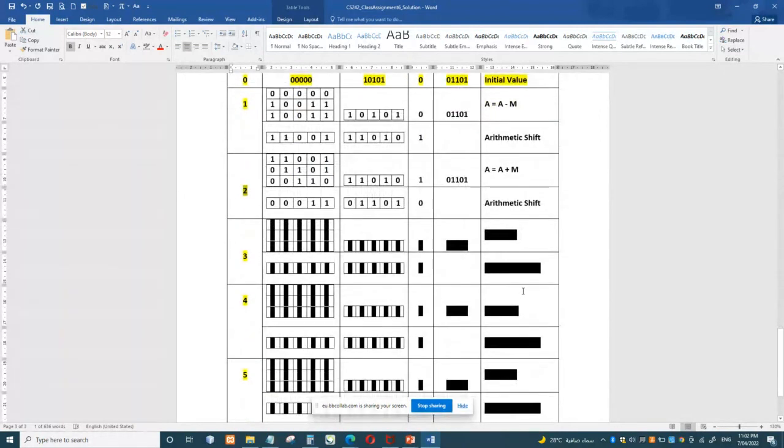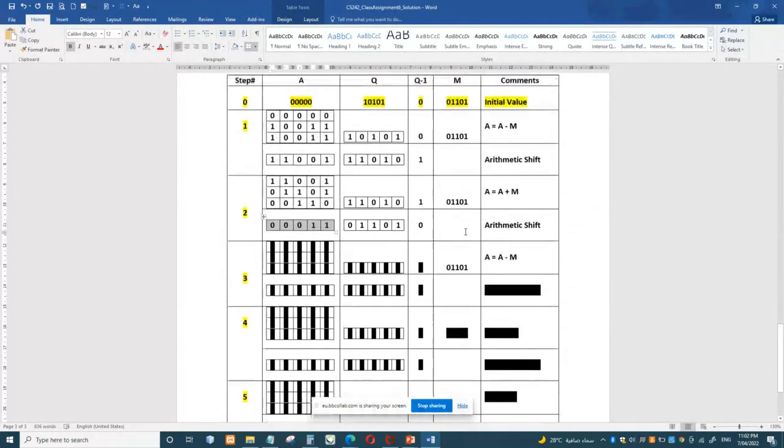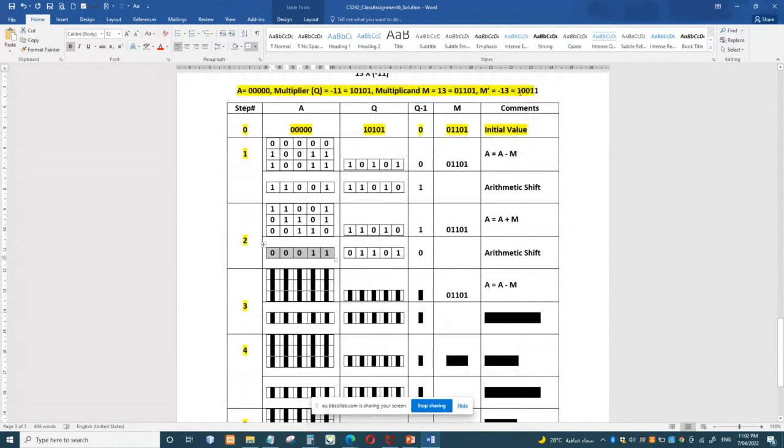In iteration number 3, again we have to check the least significant bit of q, which is 1, and q minus 1 is 0. When the combination is 1 and 0, we have to perform a equal to a minus m. We know that our minus m is 10011.